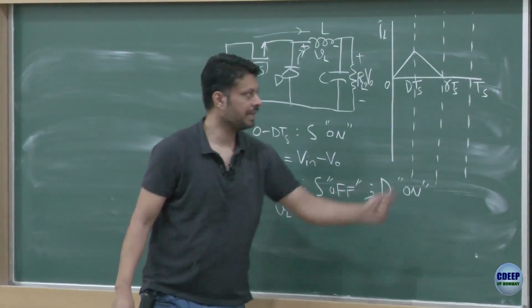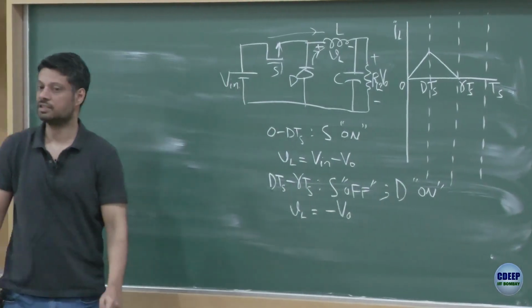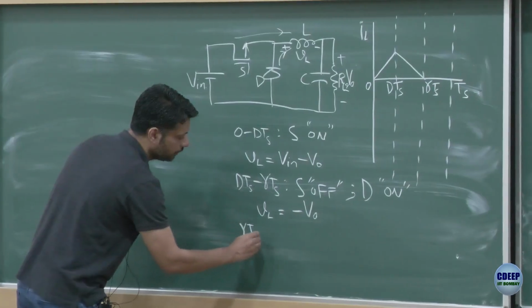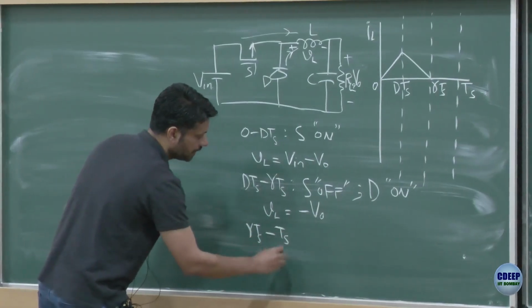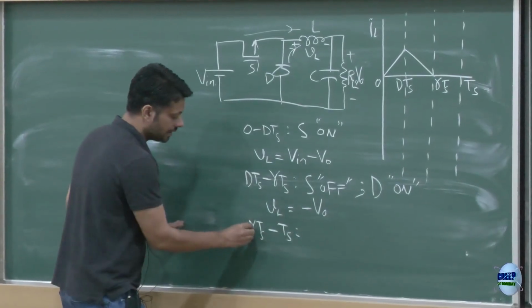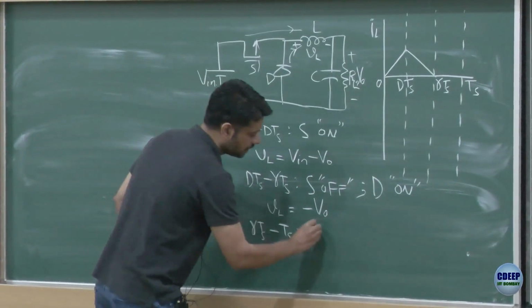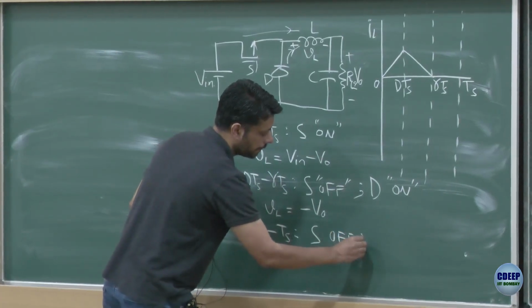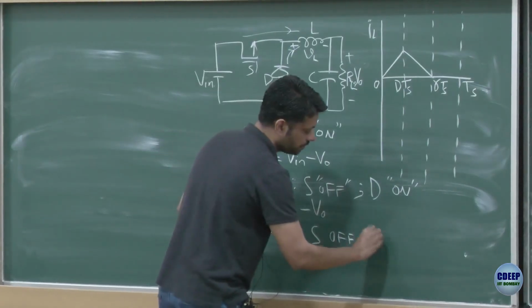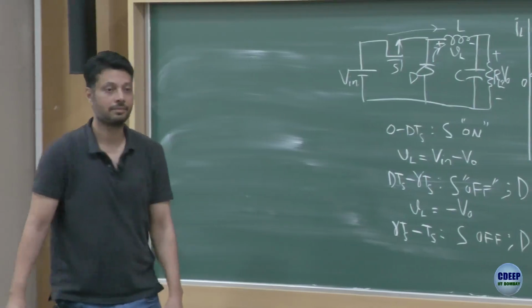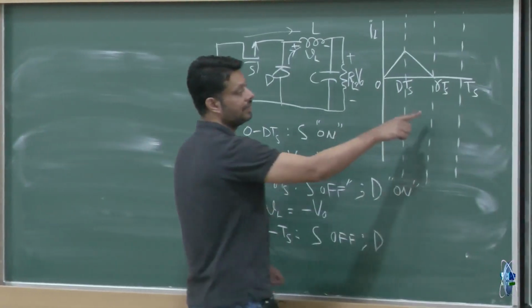Now there is one more period where the inductor current is 0, and that period goes from gamma Ts to Ts, and in that case S is off, diode is off.